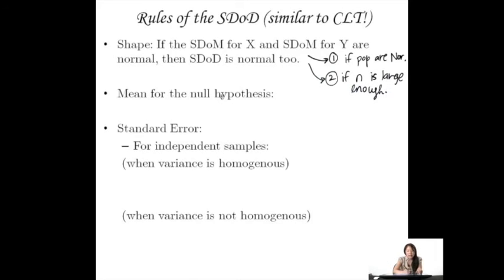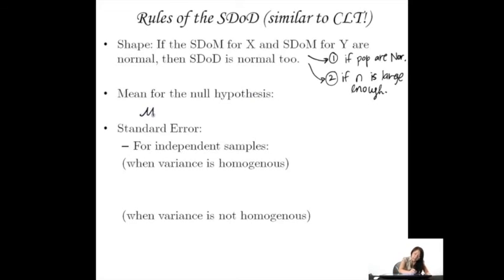Okay, then we want to talk about the mean for the null hypothesis. The null hypothesis, remember, is saying that the population of x and the population of y, the difference between them is going to be 0 because they're similar, right? And so the null hypothesis is saying those two are similar, which means that the means of the sampling distribution of the means, the SDOMs, are going to be similar, which means that when we subtract them, it's going to give us 0.